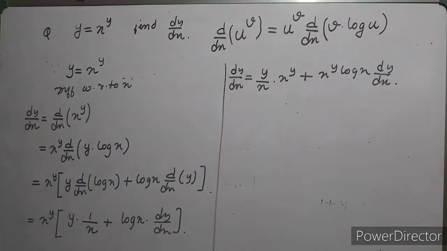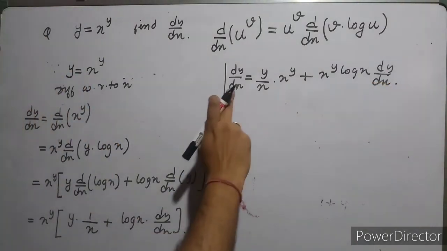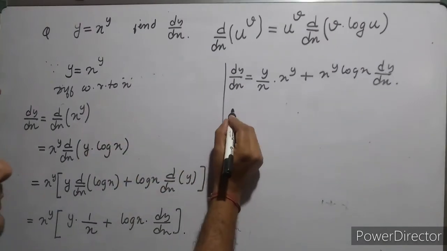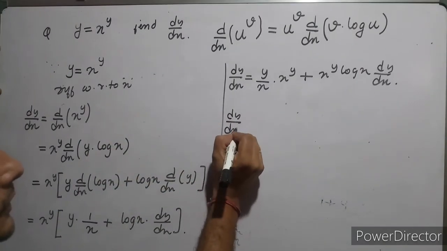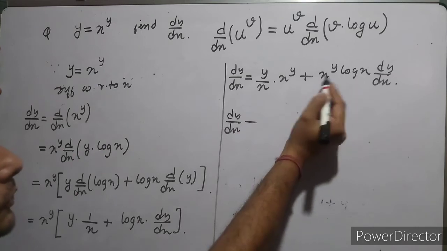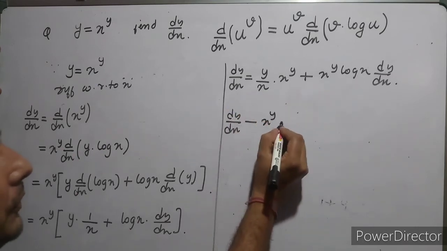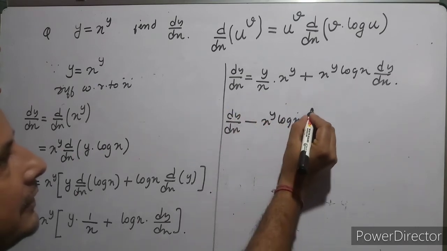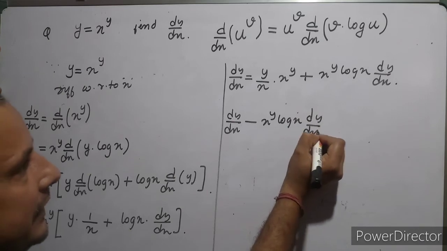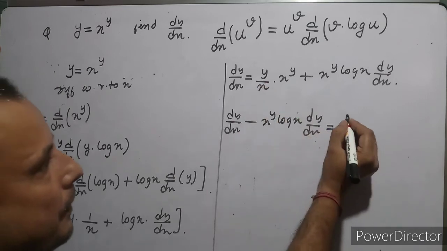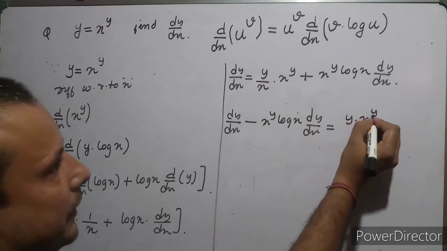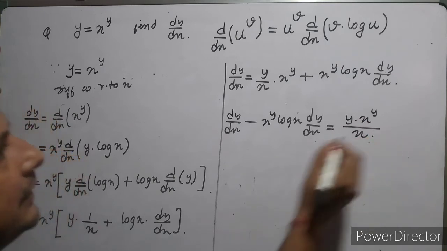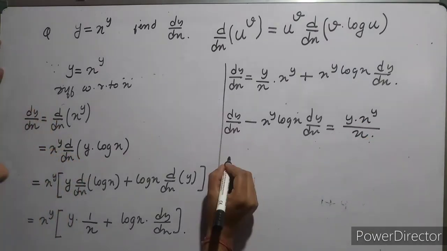Now I'll write the like terms on one side. Like terms means the dy by dx containing terms. Dy by dx minus x to the power y log x dy upon dx equals to y into x to the power y over x. Now just take dy by dx common.